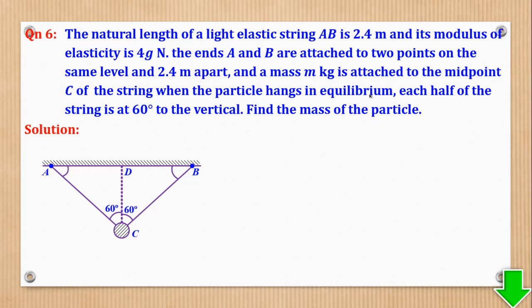They said it makes an angle of that to the vertical, which is this. So AB was 2.4, so it divides into 2. Why is it dividing into 2? It is because this length is equal to this, meaning this will be the midpoint of AB by geometry.